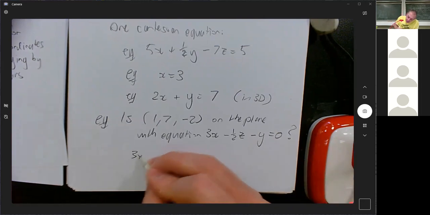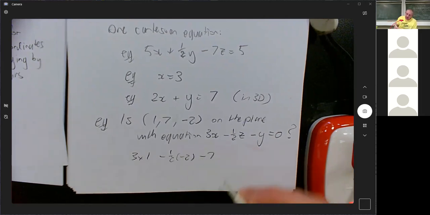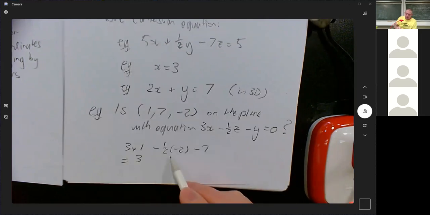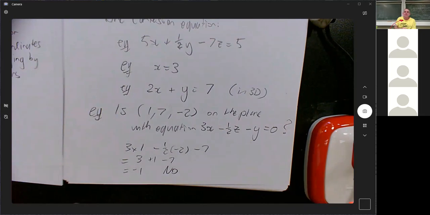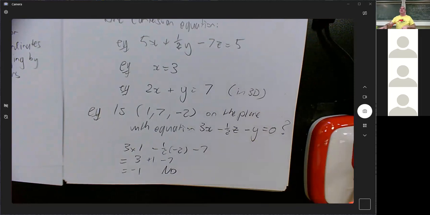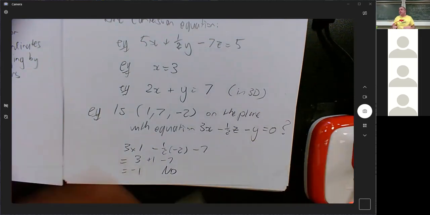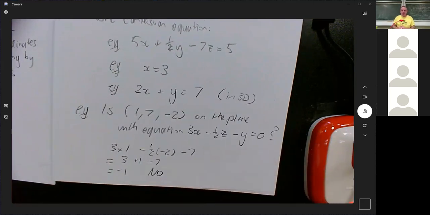Let's see, 3 times 1 minus a half times minus 2 minus 7 is 3 plus 1 minus 7, which is minus 1, so no, it's not. Damn it. If I made that a minus 1, then yes, it would be. So, point is that different numbers here will give you different planes. Cool. That's what the plane equation is for.